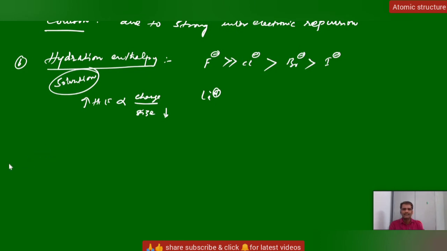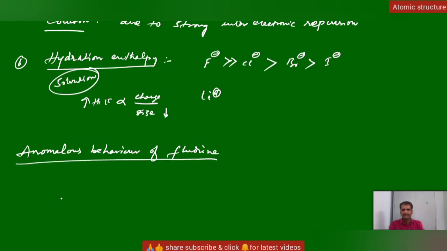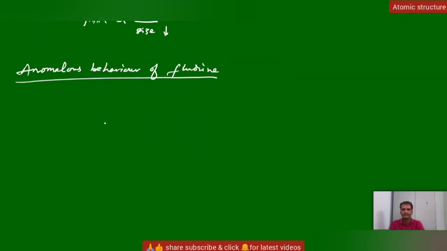Next, anomalous behavior of fluorine. So we know that again the second period elements can show some abnormal properties compared to the third period elements.